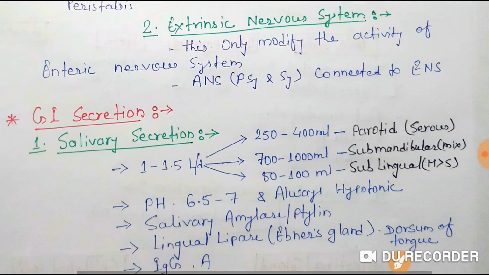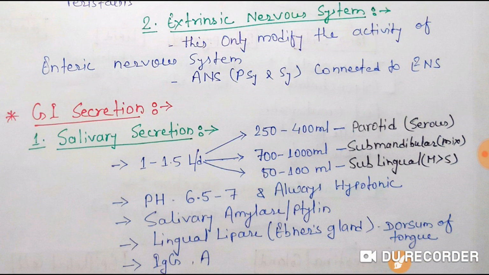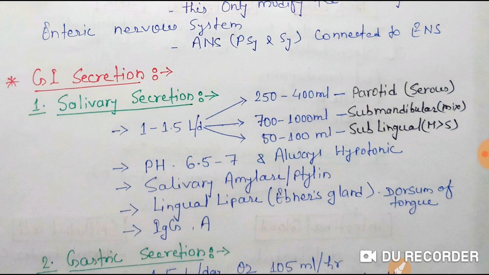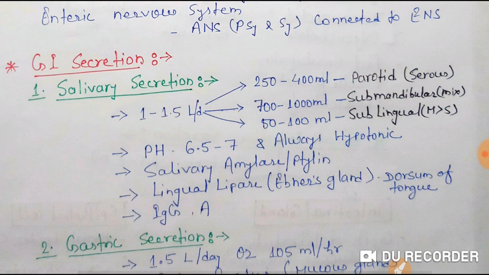Then the GIT secretion. First is the salivary secretion. The daily output of salivary secretion is 1 to 1.5 liters per day, in which 250 to 400 ml is from the parotid gland, 700 ml to 1 liter from the submandibular gland, and 50 to 100 ml from the sublingual gland.